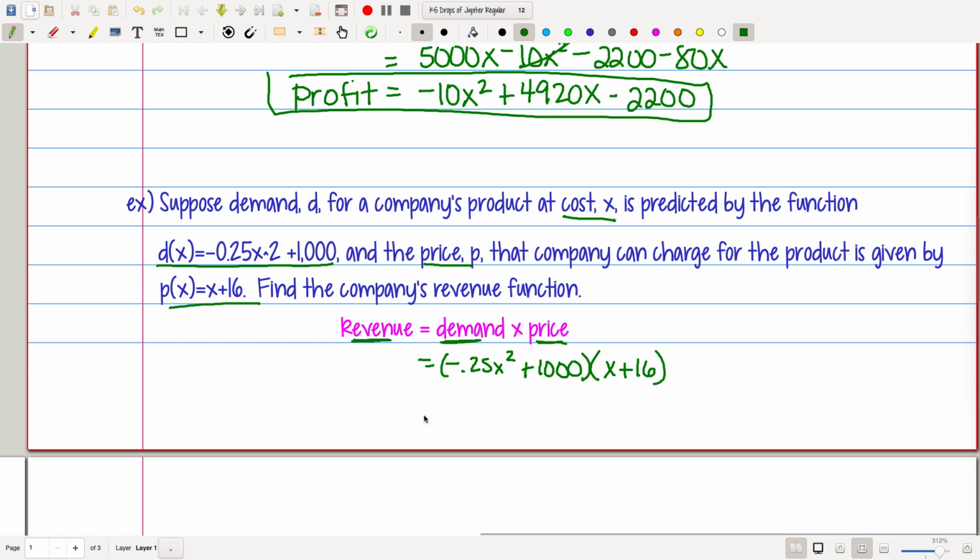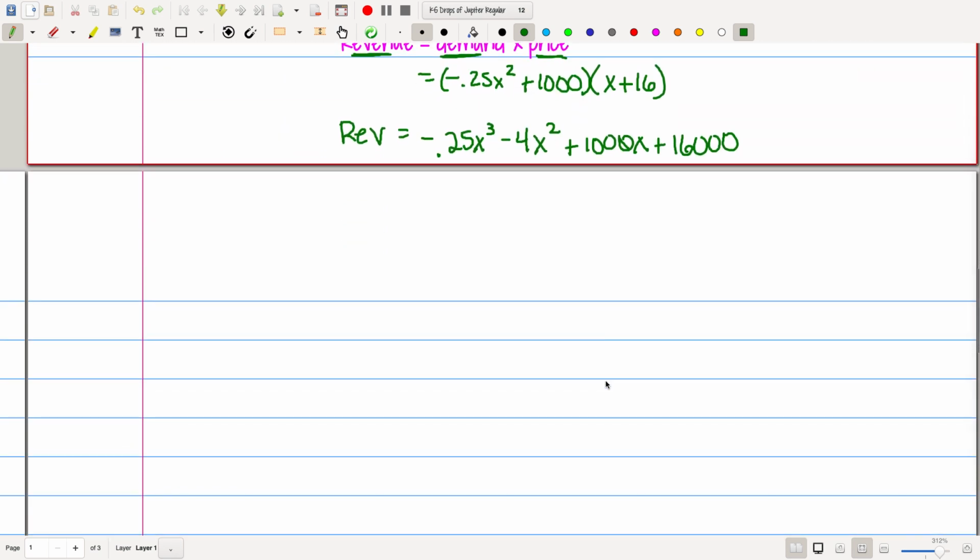And when you box those, I'm not going to spend the time doing that, you get revenue equals negative 0.25 x cubed minus 4x squared plus 1,000x plus 16,000. Okay, and again, this just came from if I were to do a 2x2 box. I have faith that you guys can do a 2x2 box.